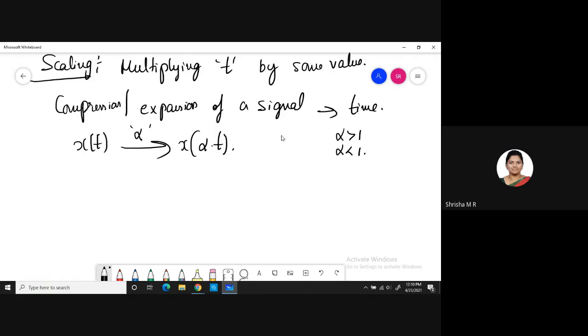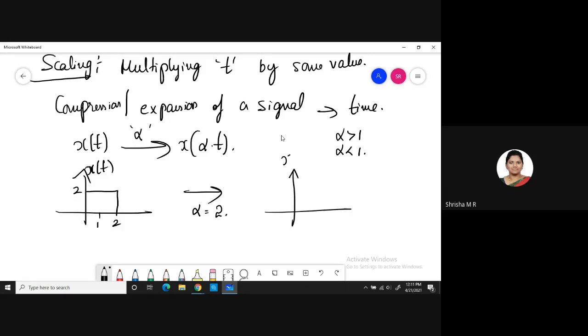I have a signal x of t. Its amplitude is 2 and time instant is also 2. You're scaling it by a factor alpha equal to 2, so you have x of 2t. What you have to do is divide the time axis by 2.